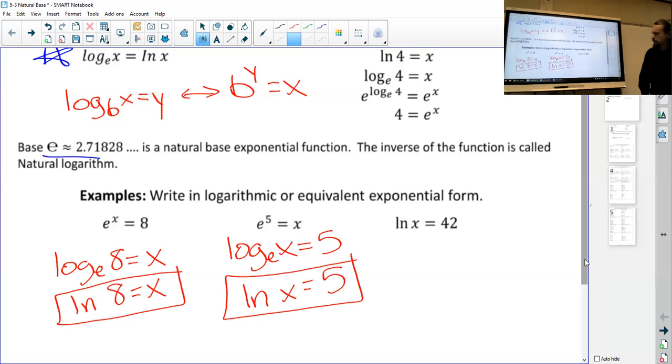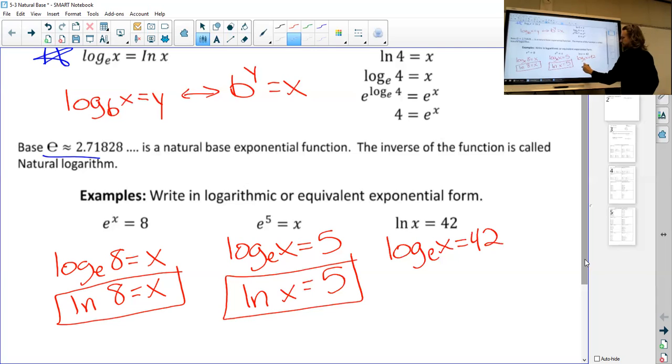Okay? And then we go the opposite way. What if we have a logarithm and we want to rewrite it as an exponent? So again, I'm going to do this in 2 steps, but you can do this in 1 step if you recognize what's happening here. I see natural log, so I'm going to rewrite that as log base e of x equals 42. And I want to write that as an exponent. My base is the base of my exponent.